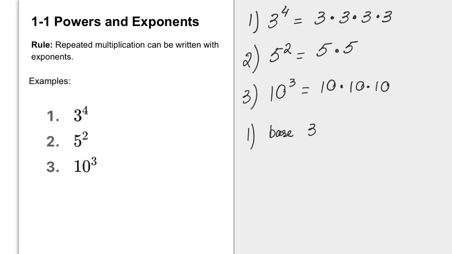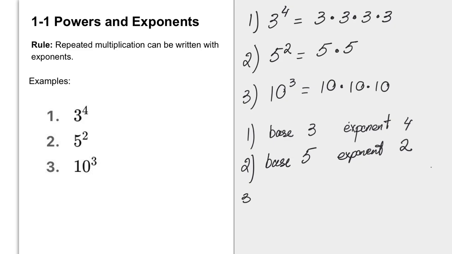is 3, and then the exponent is 4. Second one, the base, the number that's being multiplied is 5, and the exponent that shows us how many times it's being multiplied is 2.